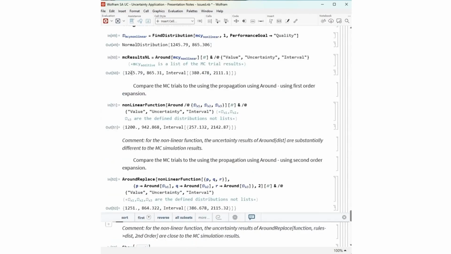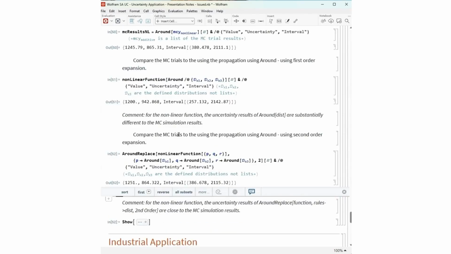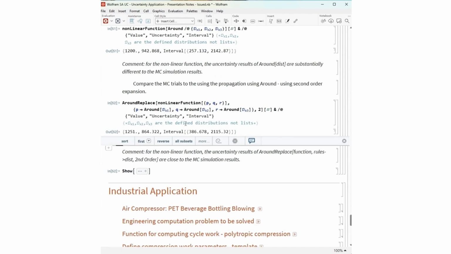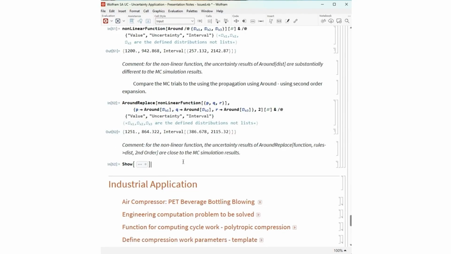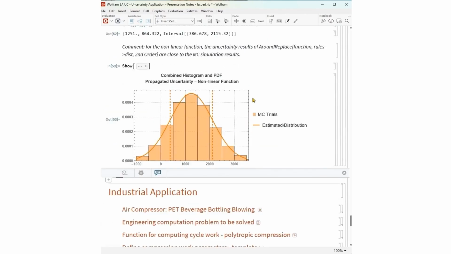So over here, this is the Monte Carlo values. This is the round replace. The intervals are similar. So you could always use a round replace as a comparison to the Monte Carlo. You could also look at that distribution of the Monte Carlo like this.